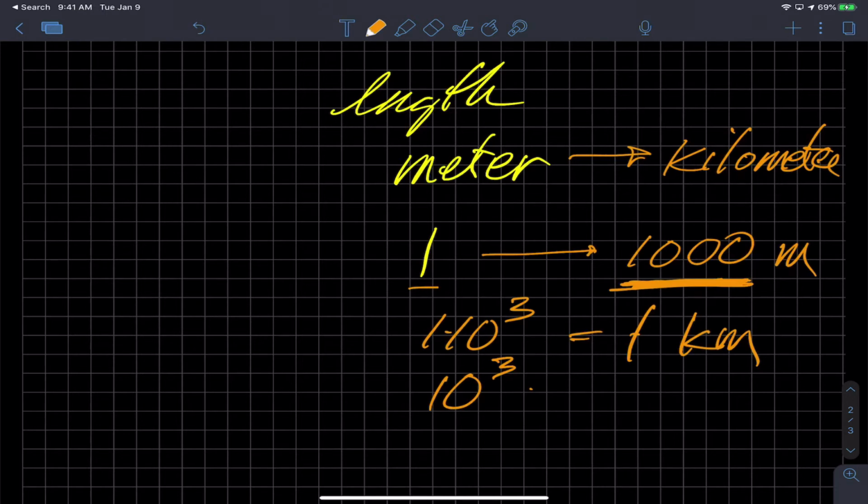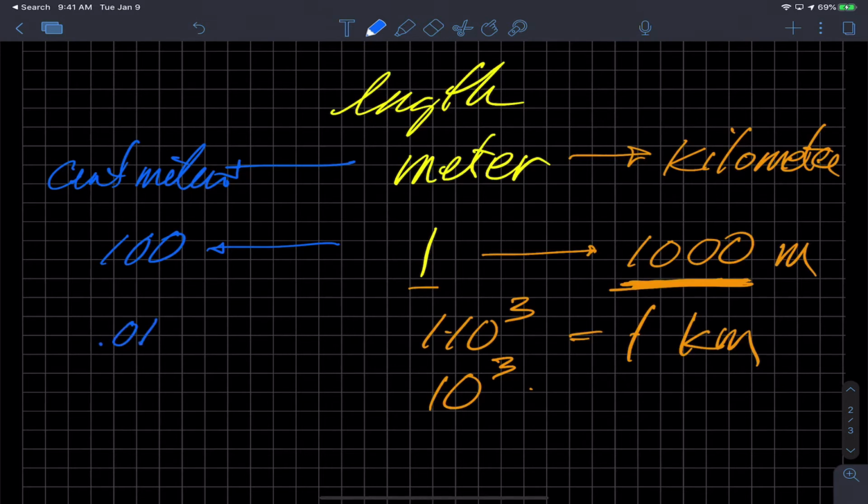If I want to go smaller, shorter, I would go in this direction. Let's say we're talking about centimeters. That would be 100 centimeters in 1 meter. And so it's 0.01 of a meter, because these are smaller.